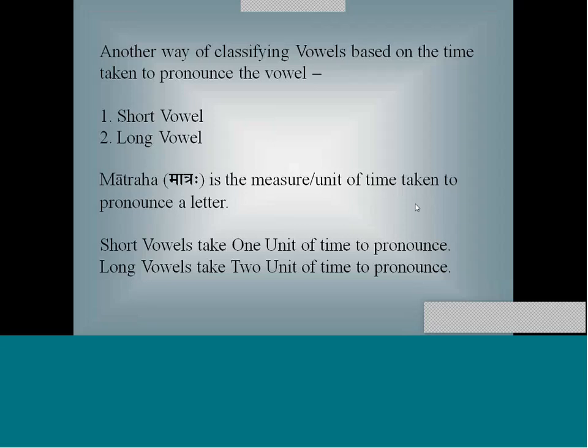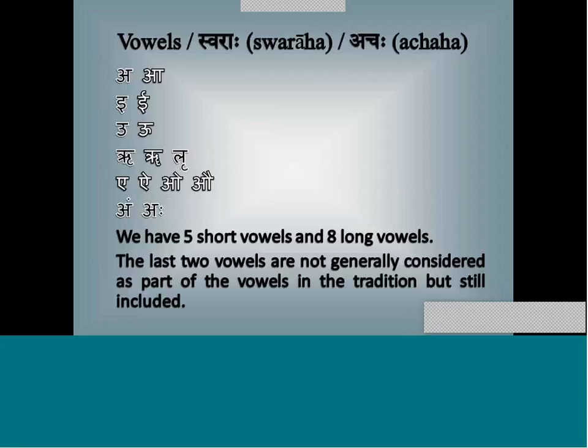And in the 8 long vowels, there are 4 conjunct vowels, and therefore all the 4 conjunct vowels are long vowels. You can see here, I have given all the vowels, and you can see the difference. What is the difference between the short and the long vowels? Some color differences here. A, i, u, r, and l. These 5 are short vowels. A, i, u, r, e, ai, o, au. These are long vowels.